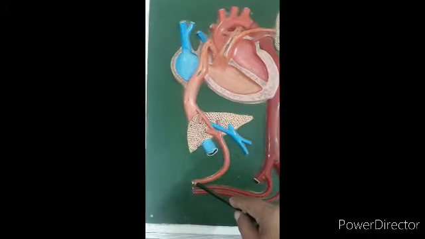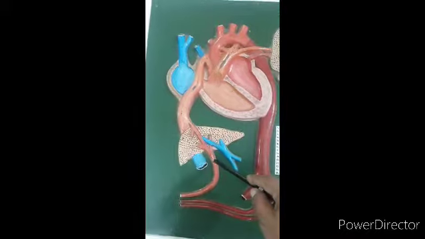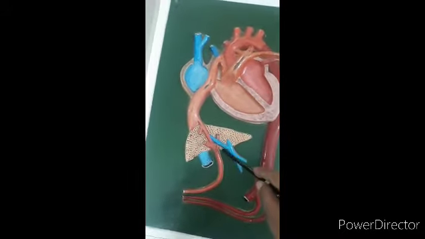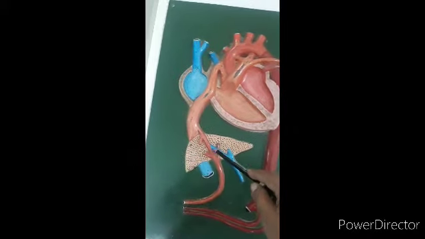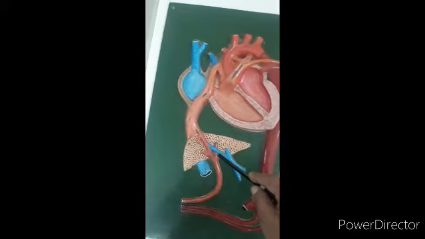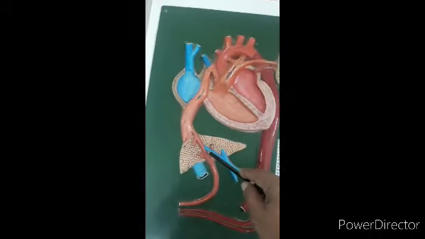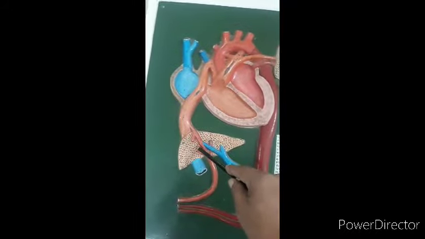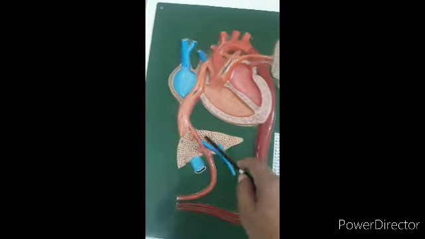So the umbilical vein joins with the left branch of the portal vein, and by this joining a small amount of this blood passes through the substance of the liver.